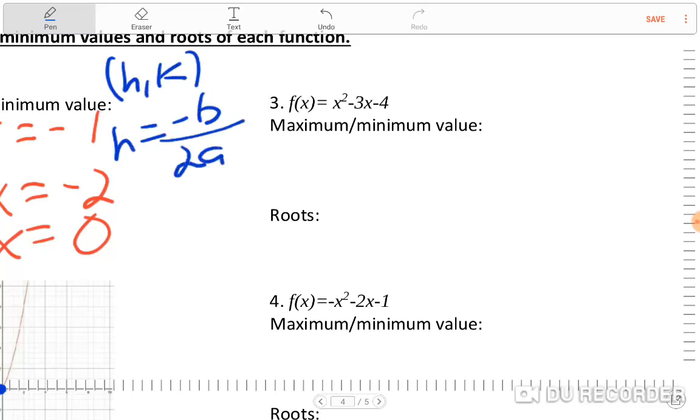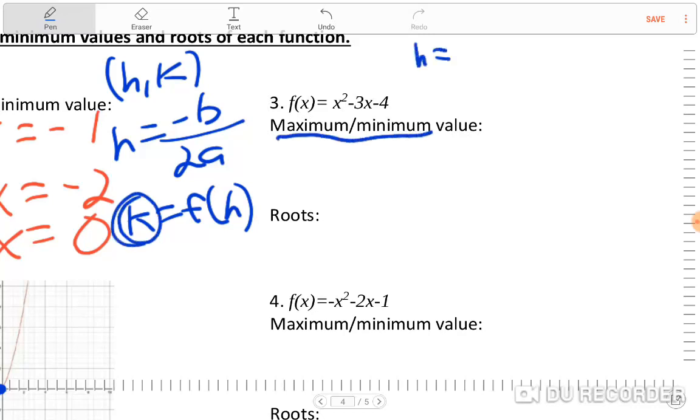And then to find wherever k was, k would just be where we evaluate the function at h. Whatever you get for h, you plug it in. So we're going to have to do that here. So the first one, let's find this h. But remember, for maximum and minimum, we want the y. We need to find where the k is. But in order to find k, we have to first find h.